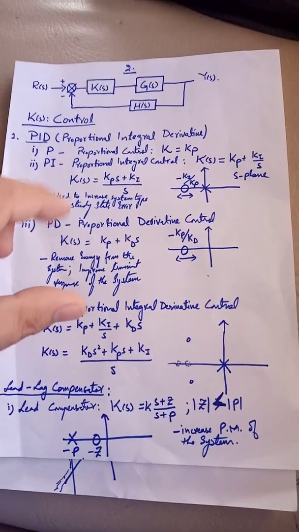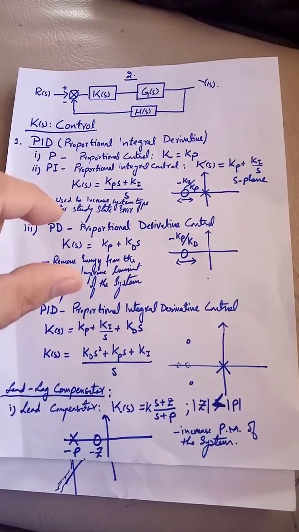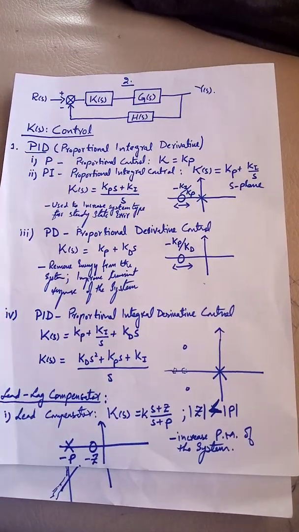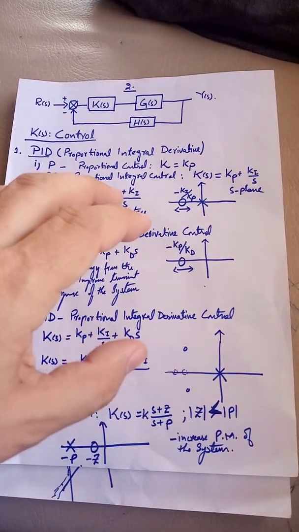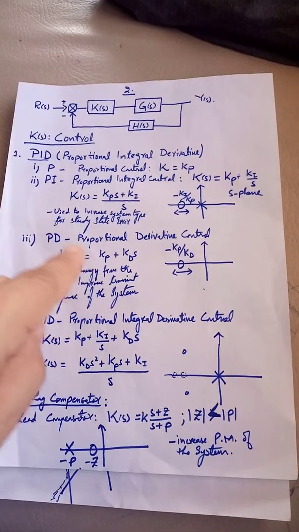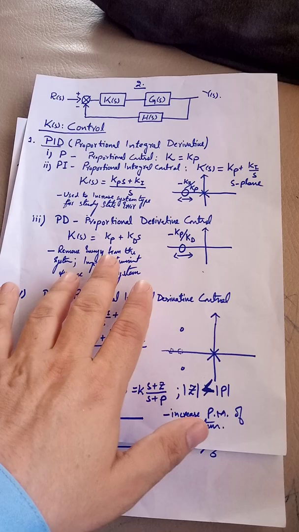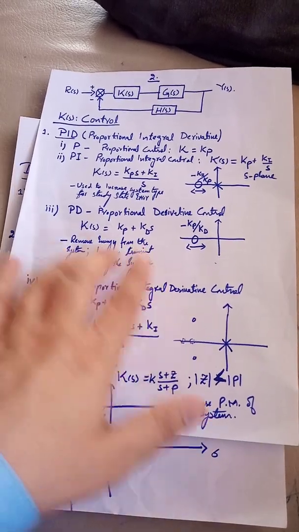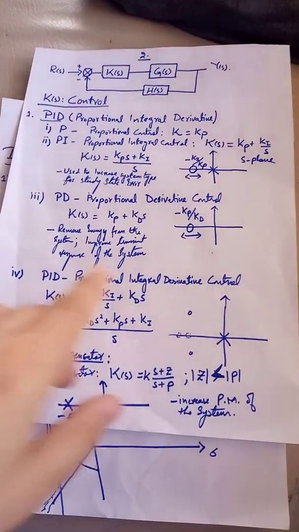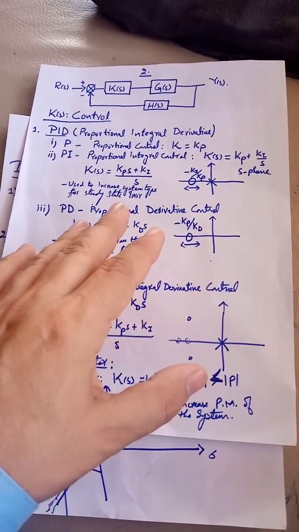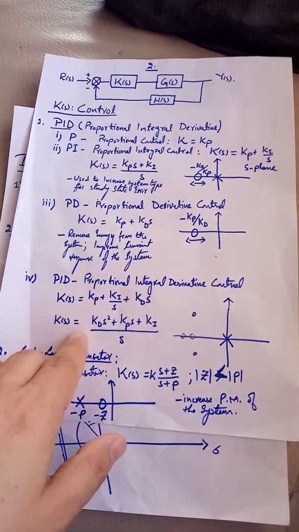You know that when you introduce a damper or spring in a system, it will reduce or suck out all the energy from the system. When energy is reduced from the system, it goes towards stability. So that's why the PD controller is used to improve the transient response of the system and make the system more stable, because it is introducing the 0. Whenever you are introducing 0 into the system, your system is more stable.